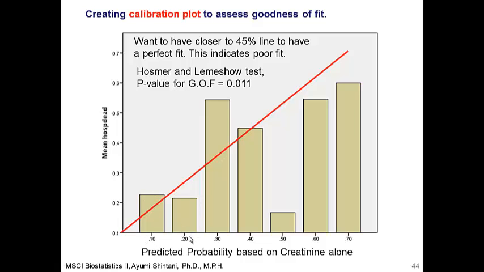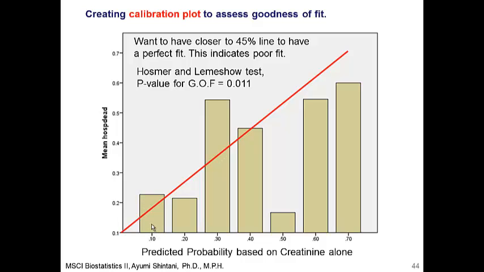This is a group whose predicted probability is 10 to 20%, 20 to 30, 30 to 40, 40 to 50, 50 to 60, 60 to 70. And we didn't have people with a higher predicted probability, so you don't see 80 and 90% here, but of course they could exist. Within each group specified by the predicted probability, you simply plot the proportion of patients who actually died.